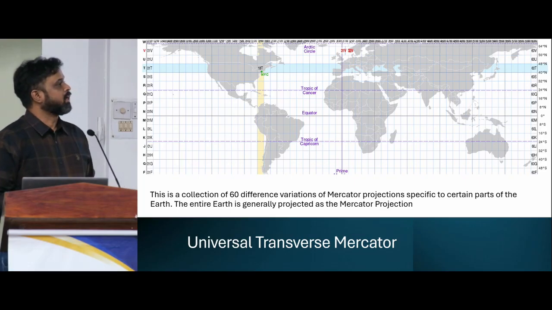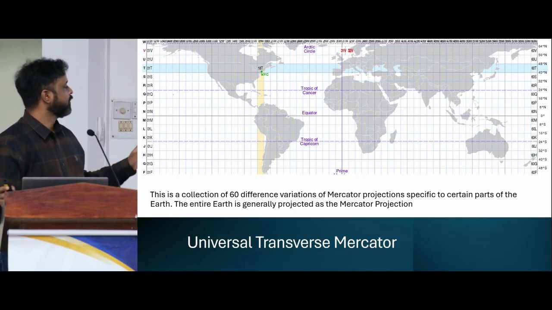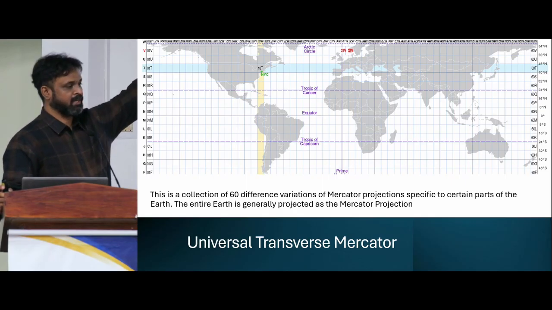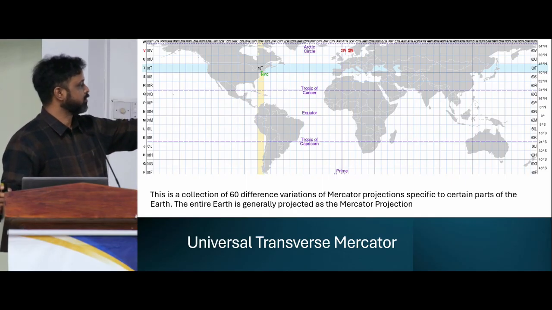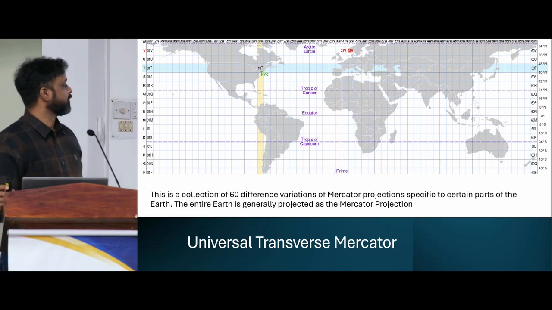Suppose you wanted to do only one particular region and you want to project that into your best possible map, there is this thing called Universal Transverse Mercator. This is again a Mercator. You can see that the north and south are larger than the rest of the equator.